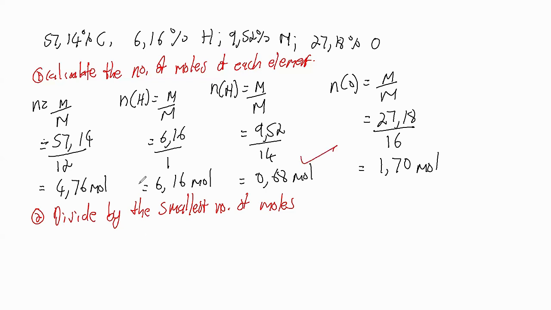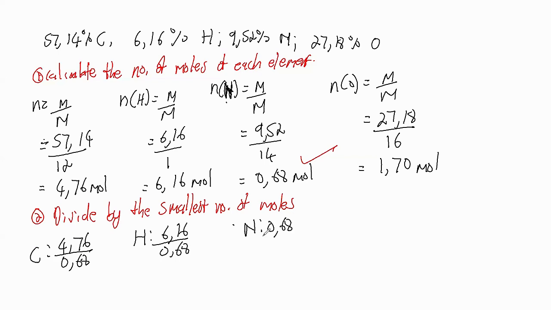So in order to determine the ratios, to determine the ratio of carbon, that's 4.76 divided by that smaller number, 0.68. And then to determine the ratio of hydrogen, 6.16 divided by 0.68. To determine the number of nitrogen, so this is N, we need to say 0.68 divided by 0.68. To determine the ratio of oxygen, all of them divided by the smallest number.